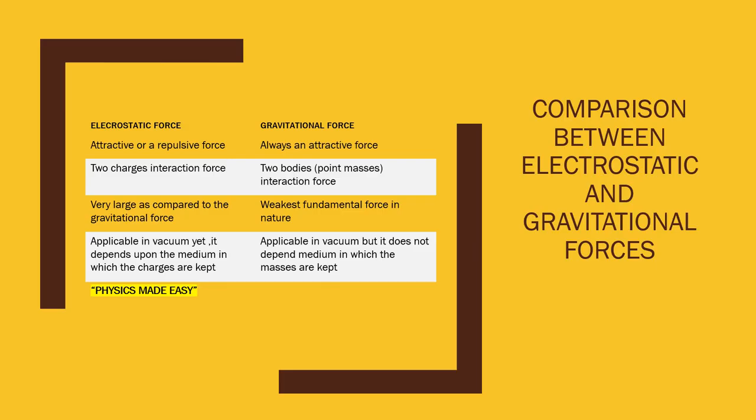Electrostatic force is very large as compared to gravitational force, and gravitational force is the weakest fundamental force in nature. Electrostatic force is applicable in vacuum, yet it depends upon the medium in which the charges are kept, whereas gravitational force is applicable in vacuum, but it does not depend upon the medium in which the masses are kept. Both these forces obey Newton's third law.